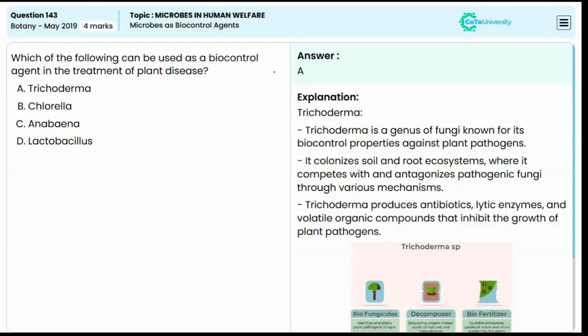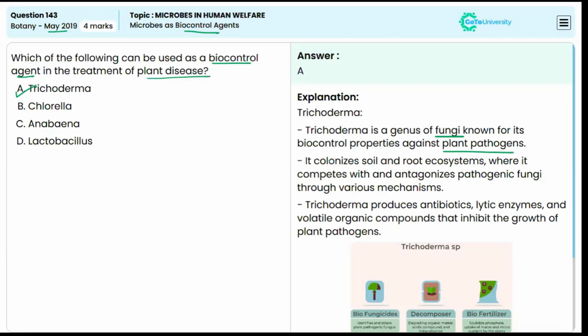Now moving to the next question, again from May 2019. This is also related to biocontrol agents. Which of the following can be used as a biocontrol agent in the treatment of plant disease? The answer is option A, Trichoderma. Trichoderma is a genus of fungi known for its biocontrol properties against plant pathogens.